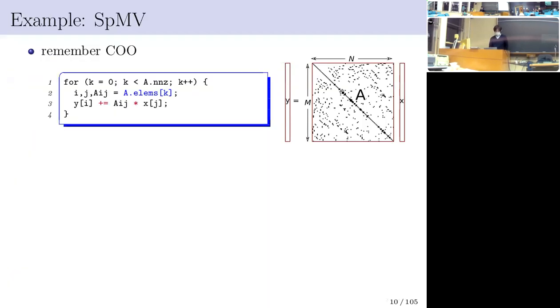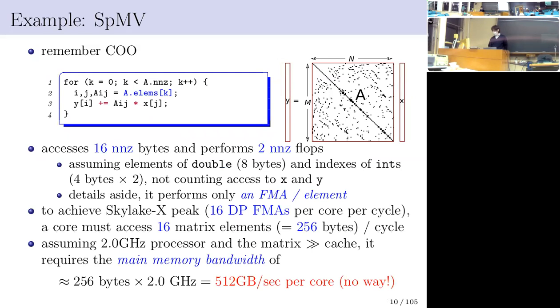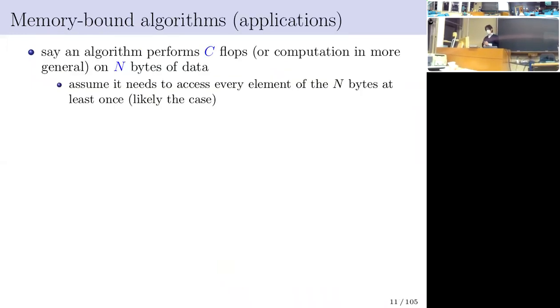If you translate this into the requirement for the entire chip, it has something like 38 physical cores, so this should be multiplied by 38, something like 20 terabytes per second. So the actual performance is way lower than what it takes to get close to peak performance for sparse matrix vector multiplication.